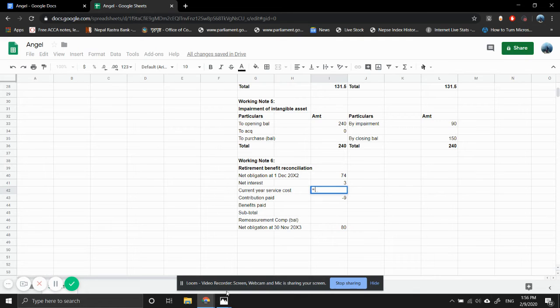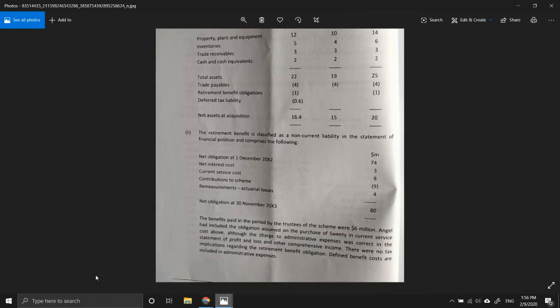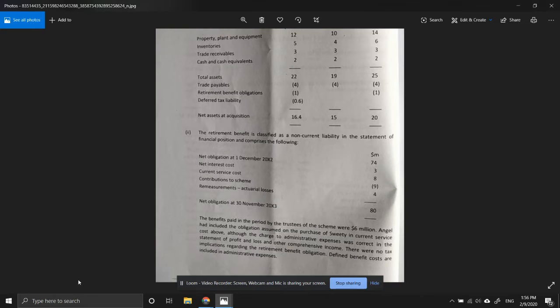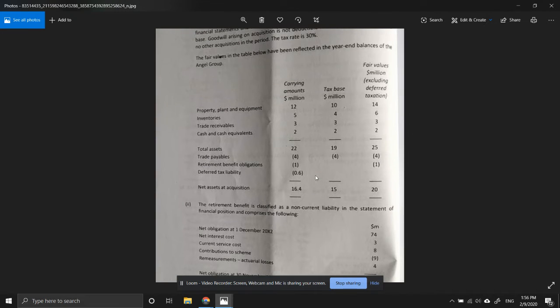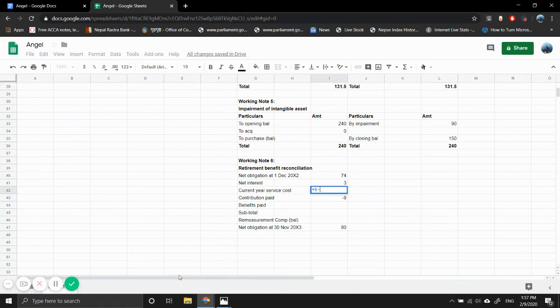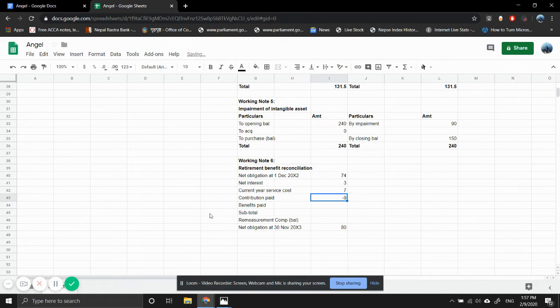So first thing first, let's look out for this current year service cost, which is 8, right? So 8 minus how much was for that Sweetie? Sweetie's obligation was 1, right? So that was also included in that. So we will need to eliminate it. So 7, right? So what will be our total?